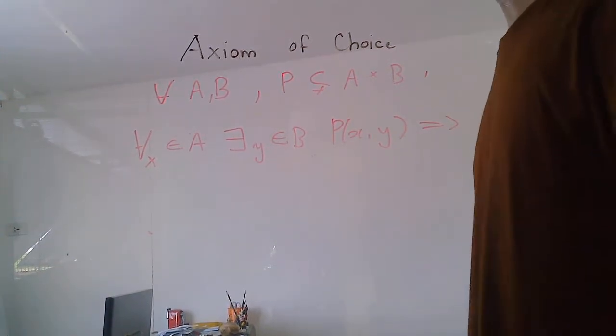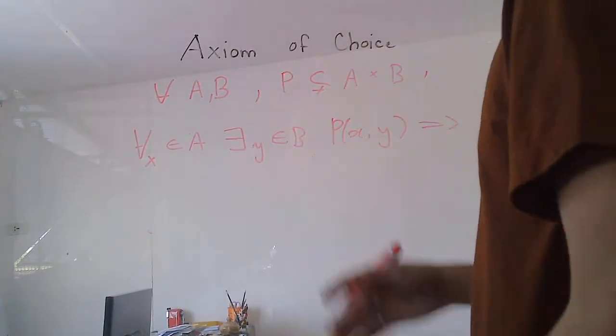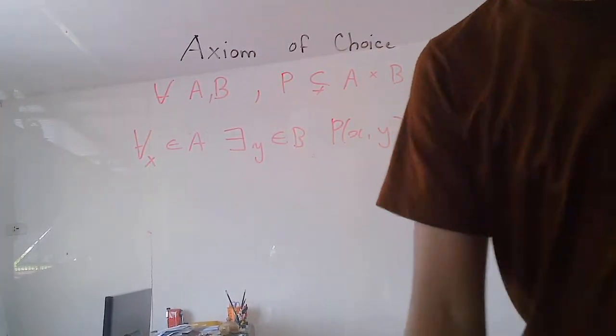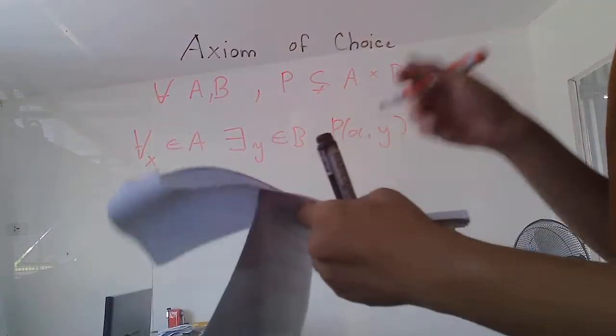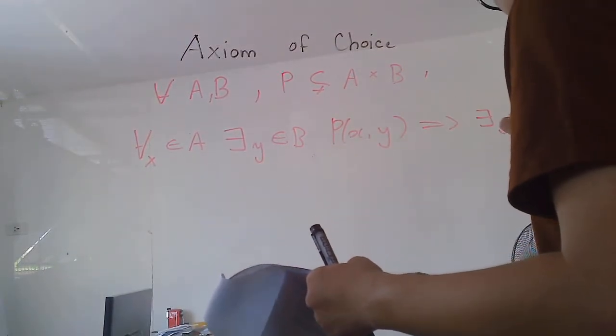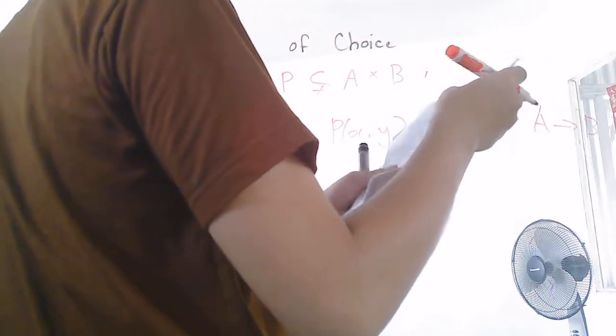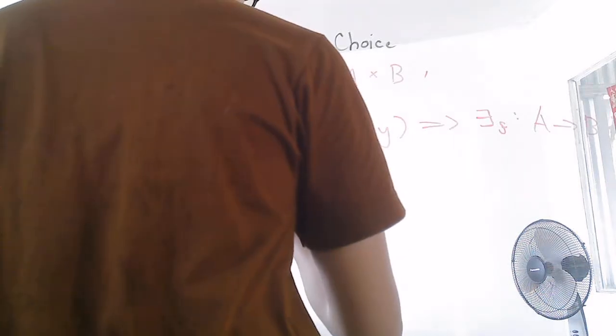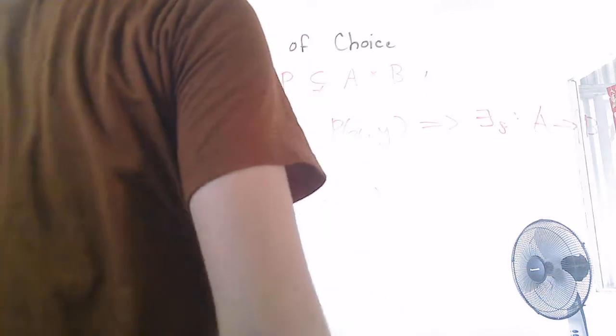If we have that for all x inside A, there exists a y such that these both satisfy the relation, then there exists an f that maps A into B, such that for all x inside A, the pair x and the image of x under f satisfies this formula.